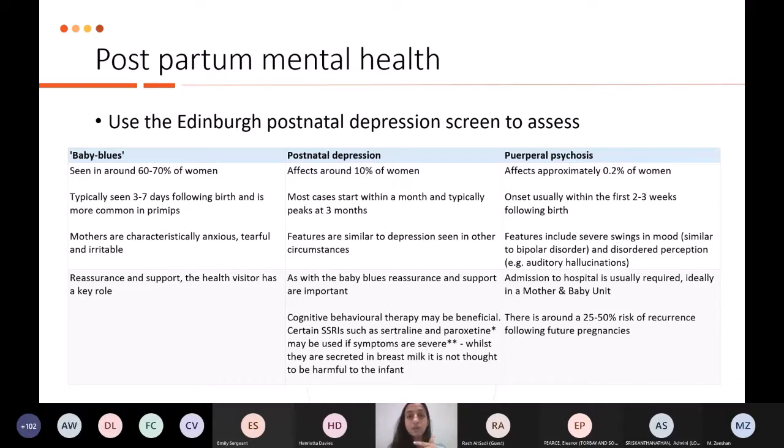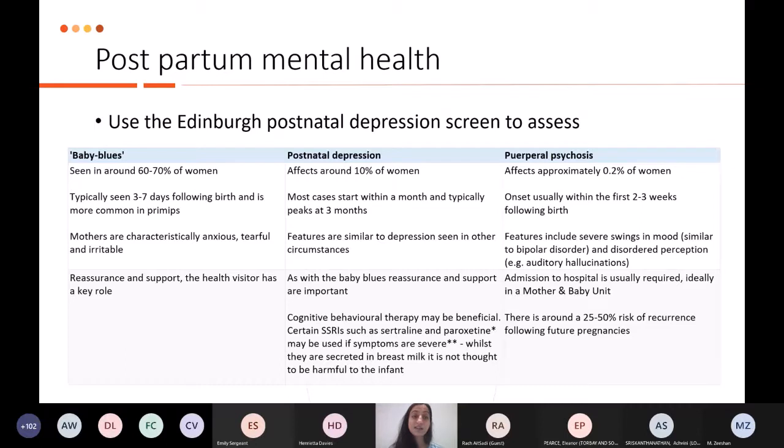And we know that women who have a history of mental health problems are followed up by special mental health midwives. That's during their pregnancy and also after, because they do have a higher risk of having depression and sometimes psychosis as well. It's very common for women, especially women who had their first baby, who may not have a lot of support, to develop what we call baby blues.